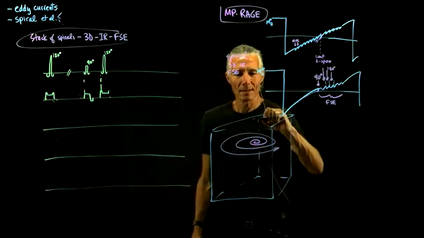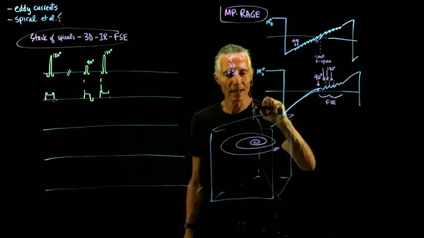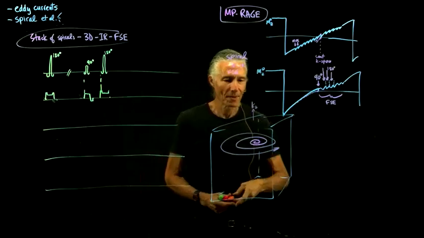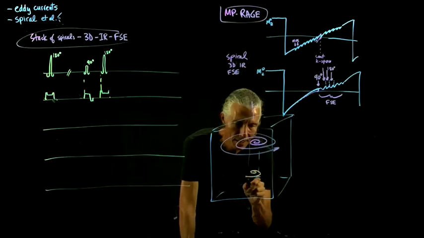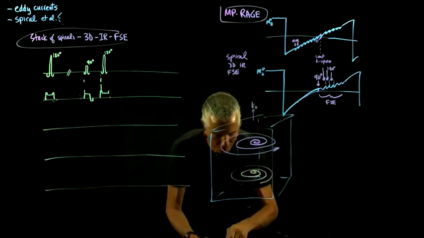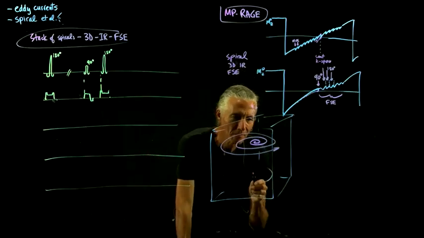So if this is the KZ direction, for a different setting of the KZ gradient, we do a spiral in a different place in KZ. So here's another spiral. Oops, went the wrong way, but yeah, let's go the right way. Okay, better.